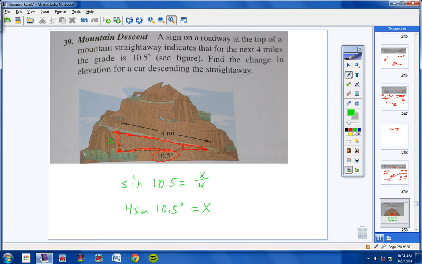This is number 39, and the answer is 0.7289. I'm going to go ahead and put 0.73. Now let's stop for a second. Are we dealing with miles, feet, inches? Well, look, 4 miles. So it's 0.73 miles. So when you traveled 4 miles diagonally, you had gone straight up in the air 0.73 miles. All right, moving on to number 41.